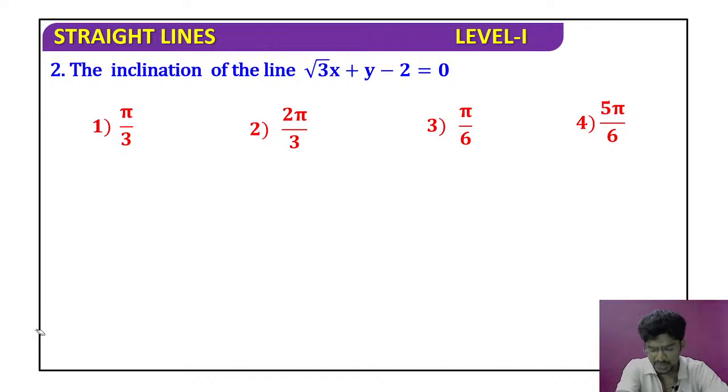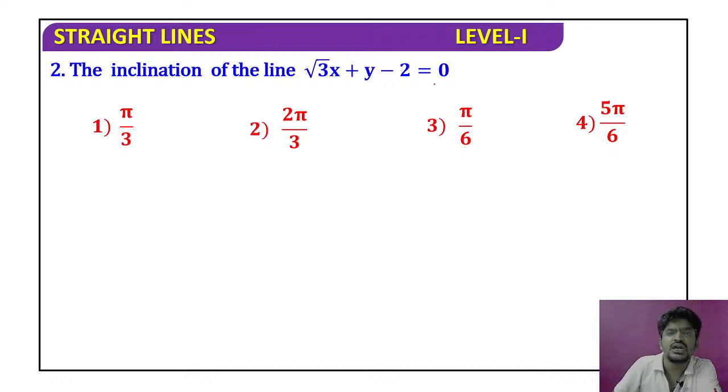These are the options, and they are asking the inclination of this line, that is root 3x plus y minus 2, the line root 3x plus y minus 2 equal to 0.